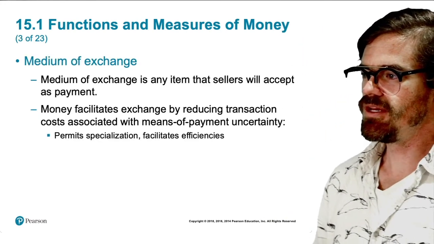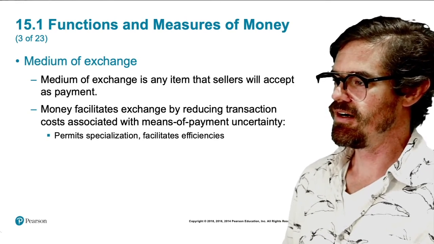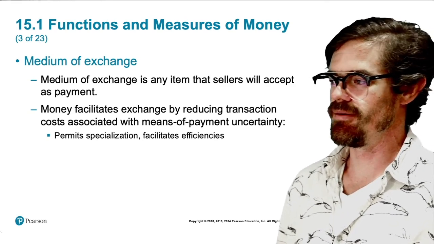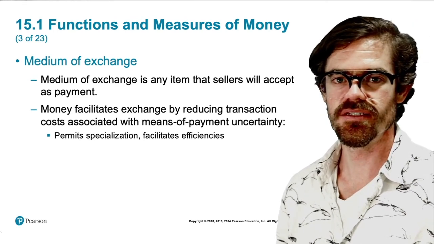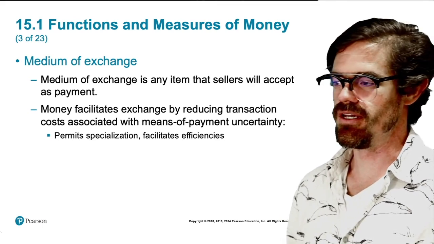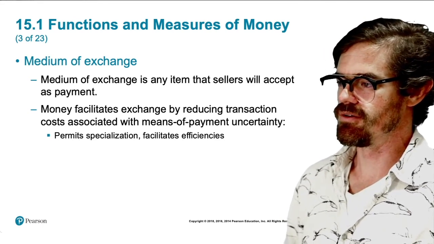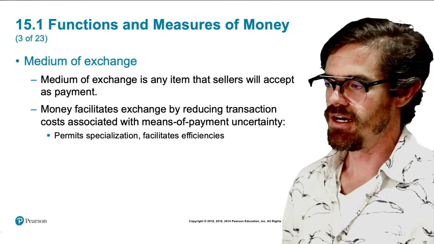Okay, so medium of exchange, this is the one we are familiar with. Anytime sellers accept something as payment, that thing is being utilized as a medium of exchange. Now, money isn't the only thing that can be used as a medium of exchange.